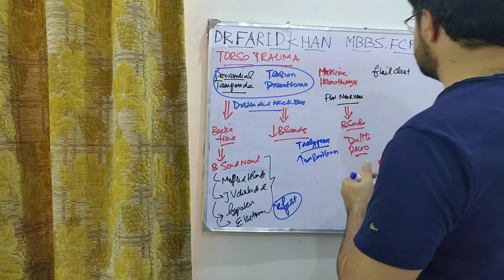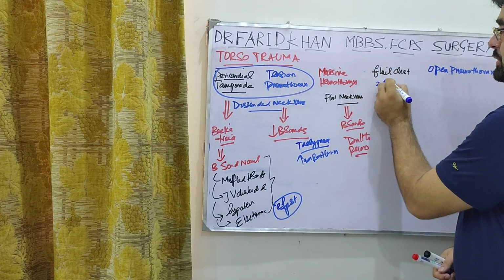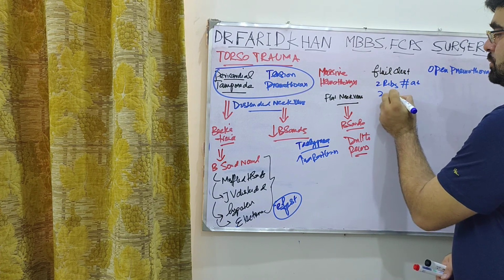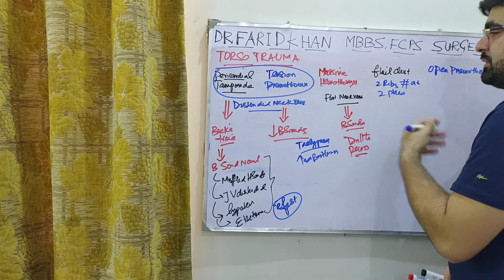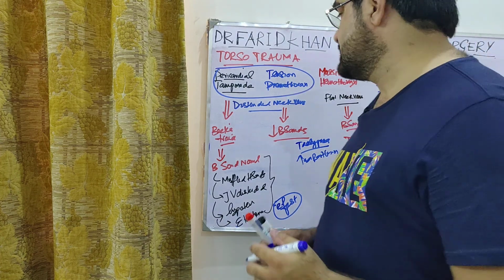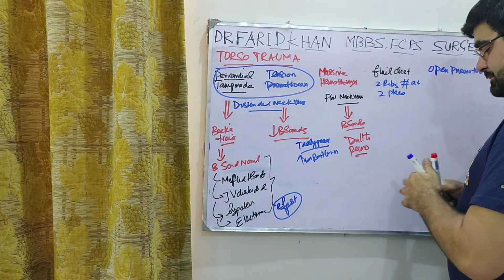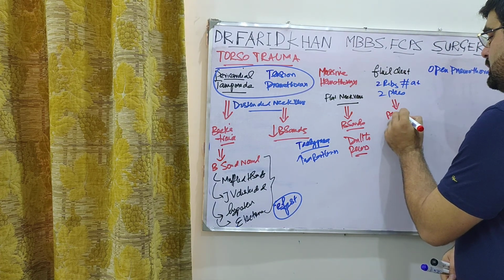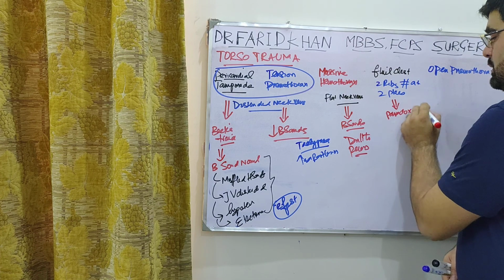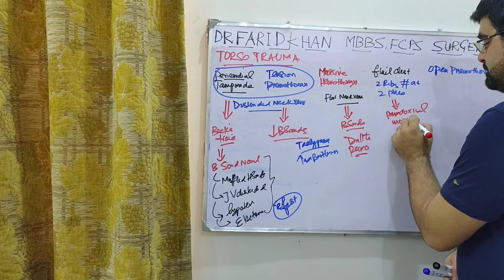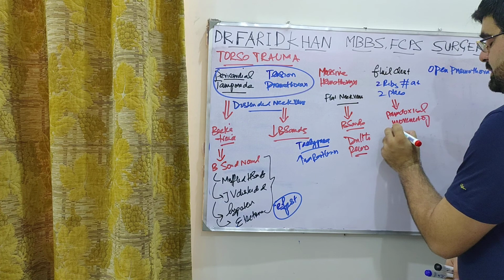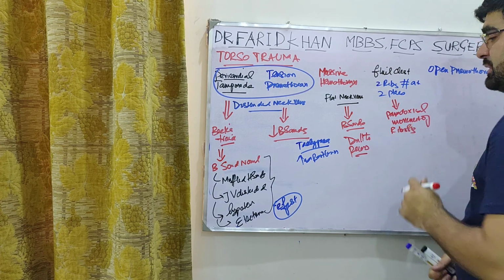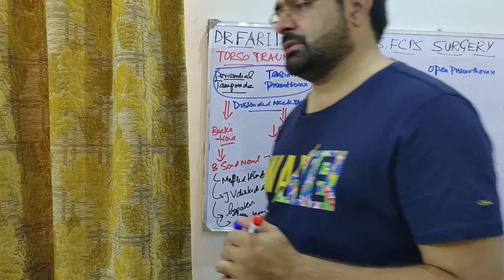Flail chest, what is flail chest? Two ribs fractured at two places minimum. It can be more than that, but two places. There is a paradoxical segment, paradoxical movement of a segment of ribs, the segment moving separately.